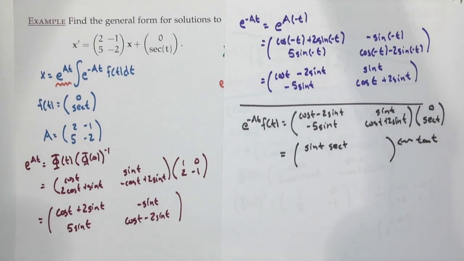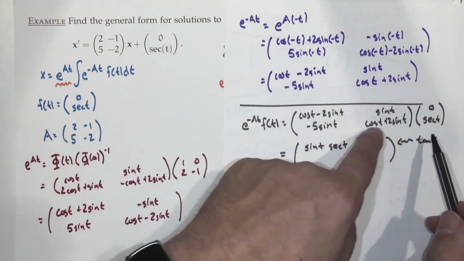Hey, nice. And the reason that we say tangent is nice, it's on our list. Okay, that's the top entry. What's the bottom entry going to be?